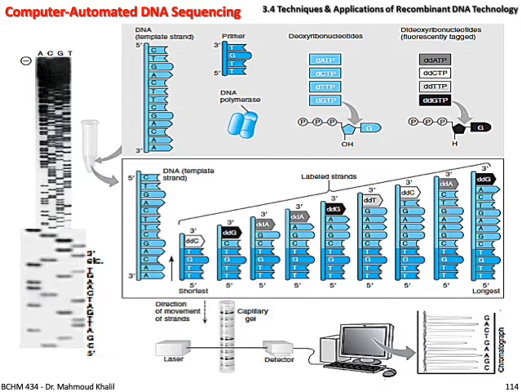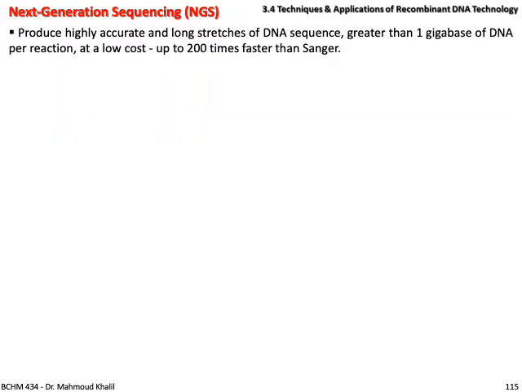That's computer automated DNA sequencing. The next technique is NGS, or next generation sequencing. It's the advanced way of sequencing DNA. These produce highly accurate and long stretches of DNA sequence, more than 1 gigabase of DNA per reaction, at low cost, up to 200 times faster than Sanger.